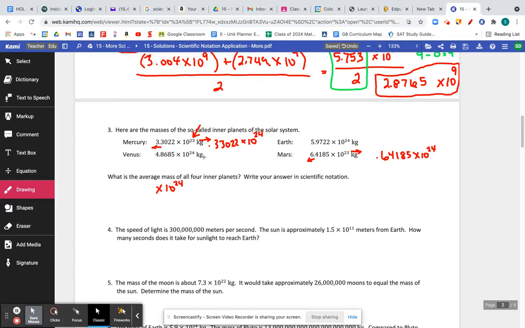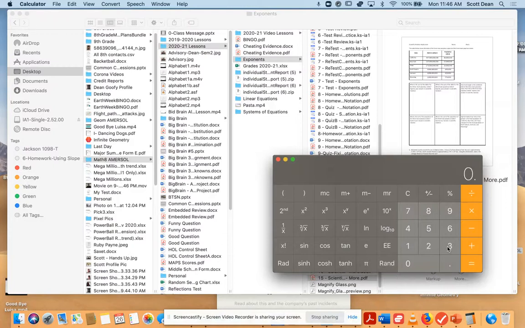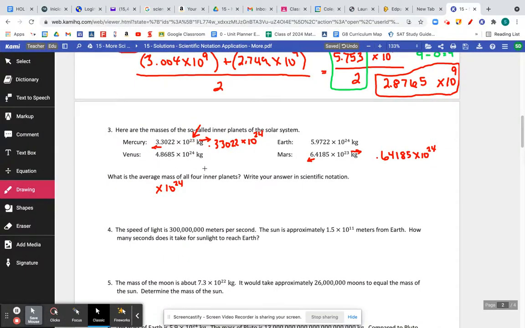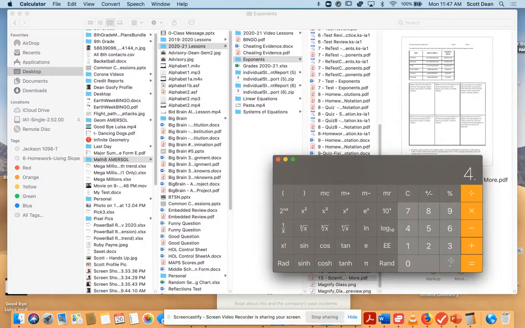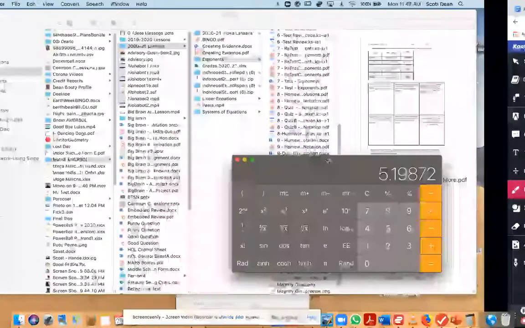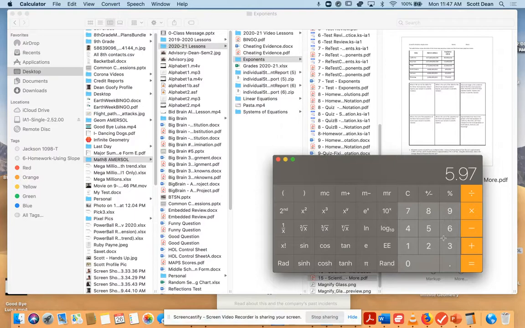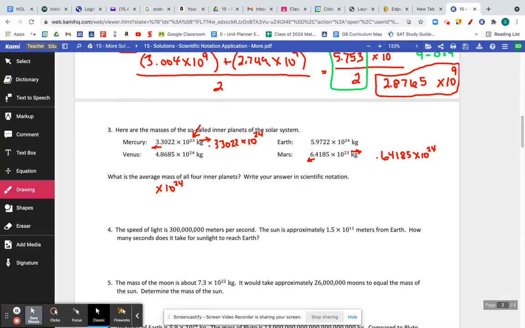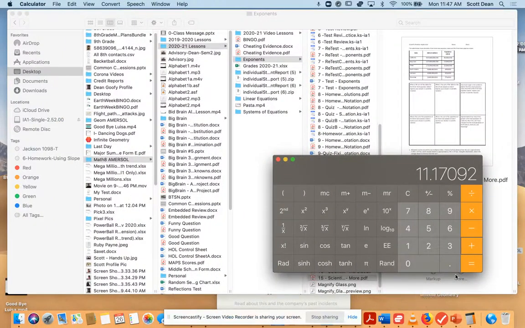So I'm going to go get my calculator now and add them all up. 0.33022 plus 4.8685 plus 5.9722 plus 0.64185 is a grand total of 11.